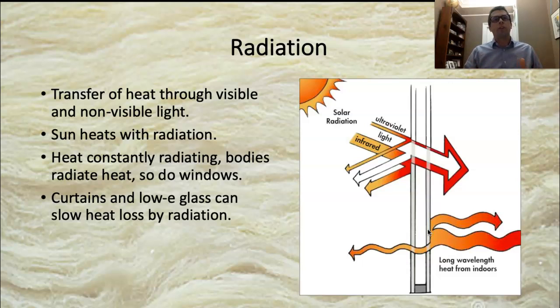We could do low E glass on both sides also, if we wanted to reflect radiation back into the house, and if we wanted to have low E glass on the outside, we could reflect radiation away. I don't think low E glass is really great for our area, at least on the outside, because we want that radiation from the sun, okay? We want to get all the solar heat gain we can, okay?